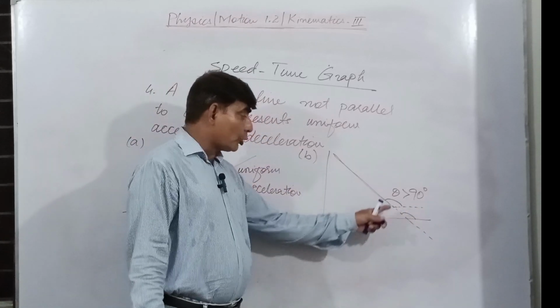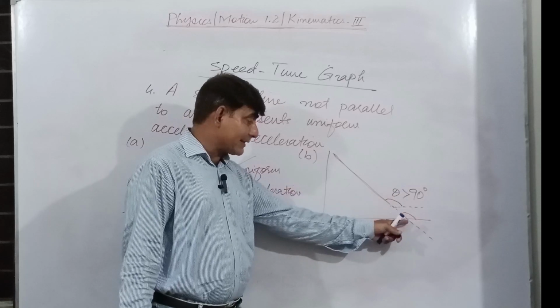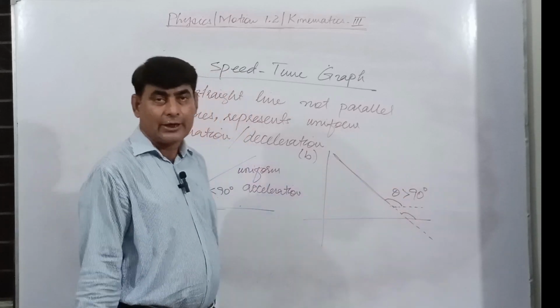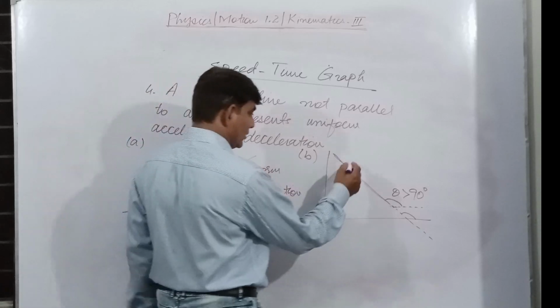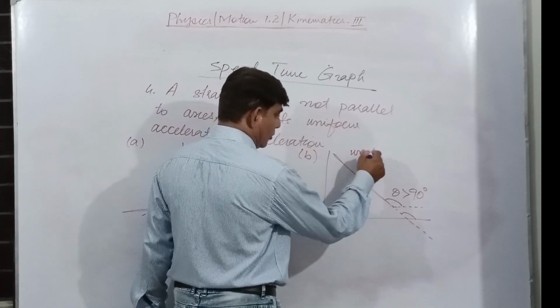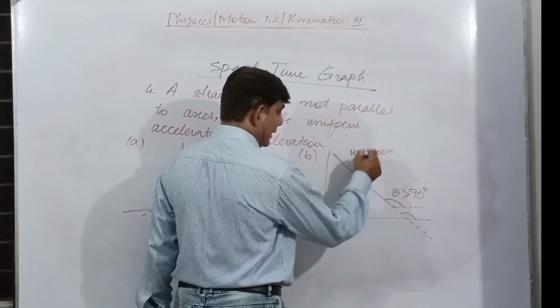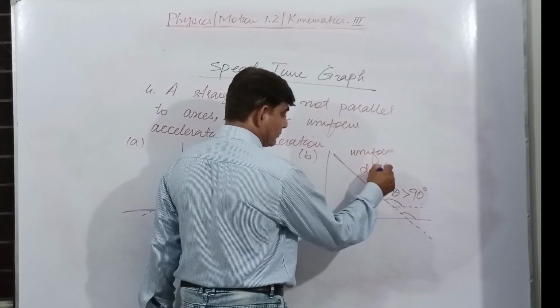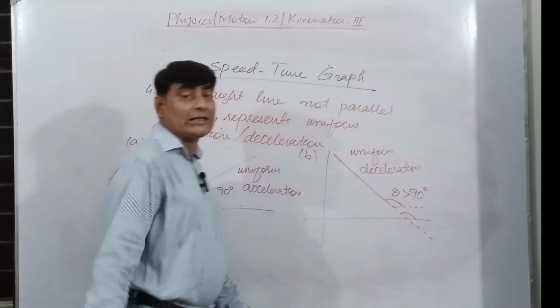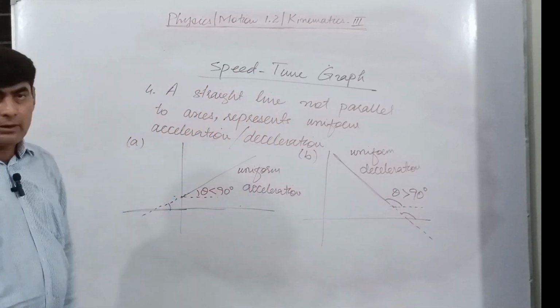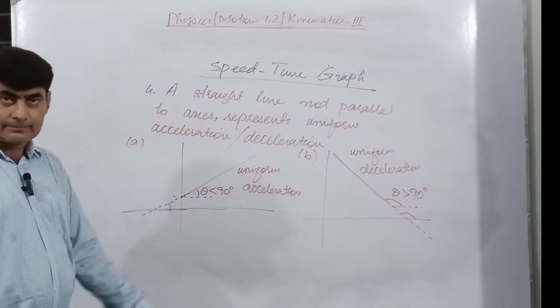So if an angle with the x-axis is greater than 90 degrees, it shows uniform deceleration for a straight line. So write down over here uniform deceleration or uniform retardation.